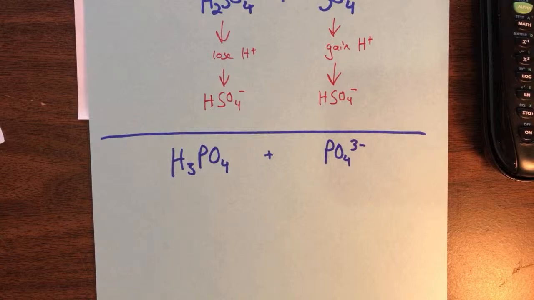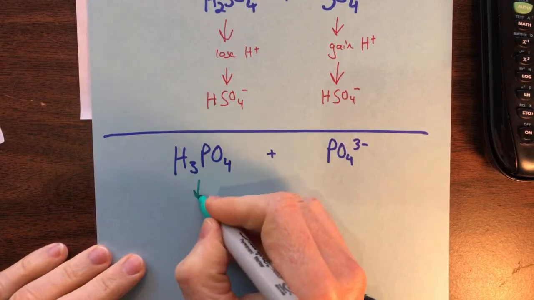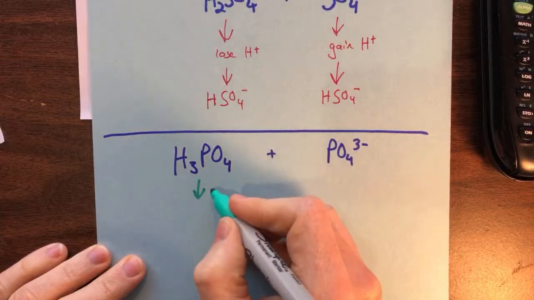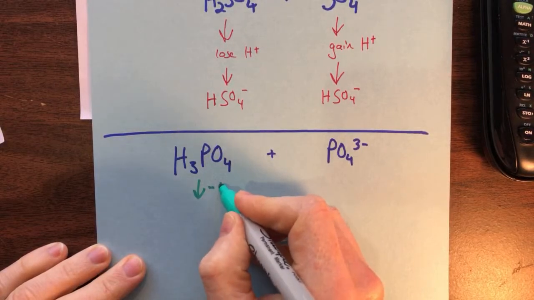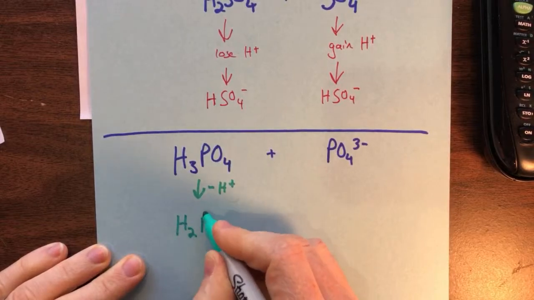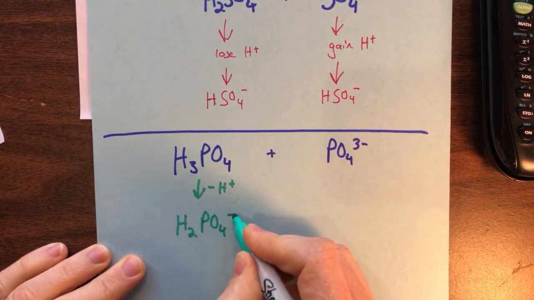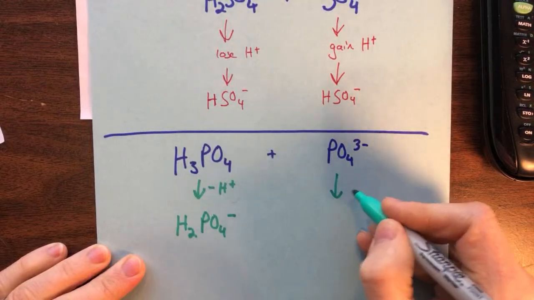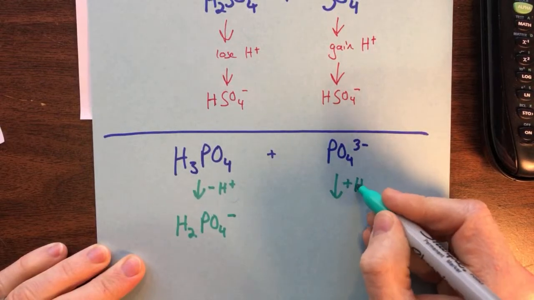Why? Because let's say we just remove one H. So I'm going to write it this way, minus H+, is going to turn into H2PO4-. And let's suppose in the process, this is going to gain an H+.